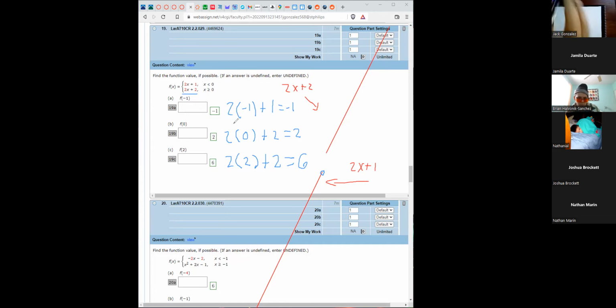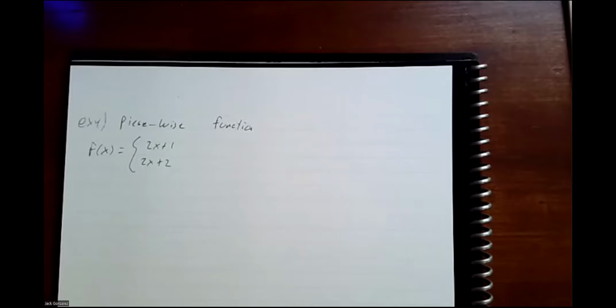So piecewise, if you were doing this by hand, you need to be comfortable graphing functions. Example 4. Let me switch over in a second. Okay.